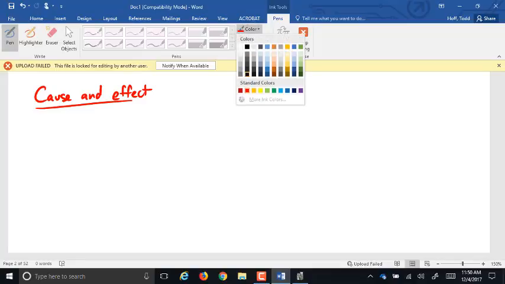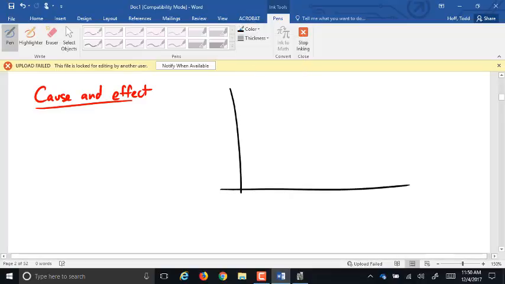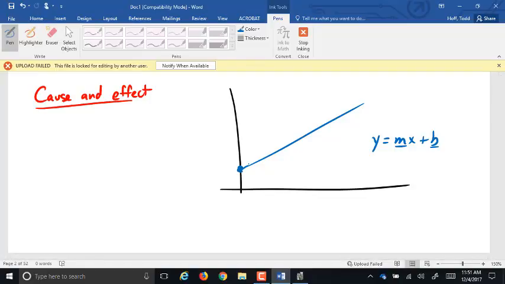Just because we could graph it and get a line on the graph, and we could get an equation that describes it, y equals mx plus b, where m is the slope and b is the y-intercept, that starting point, just because we can graph this and get that equation doesn't mean that whatever's represented by the x variable is the cause and what's represented by the y variable is the effect.